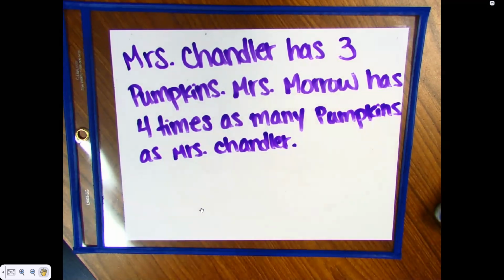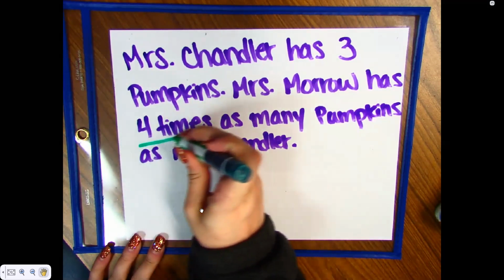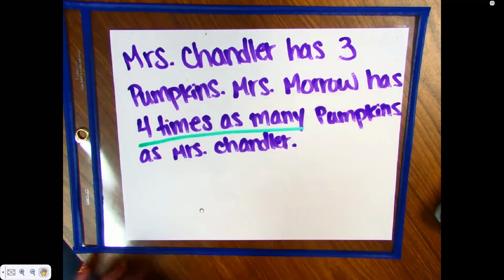So how many pumpkins would Miss Morrow have? She has 4 times as many pumpkins. So what equation would I do to solve this? What equation would I have to perform in order to solve this word problem?